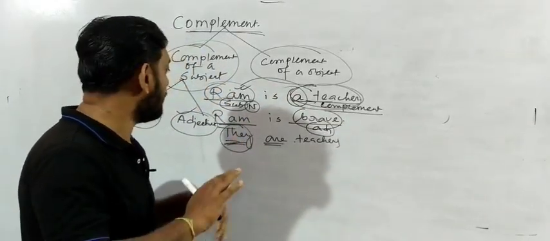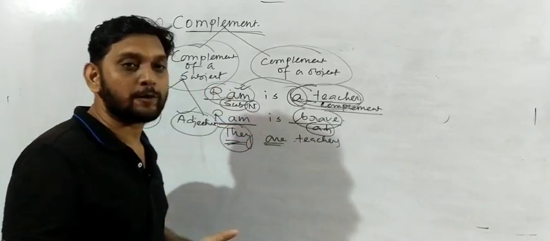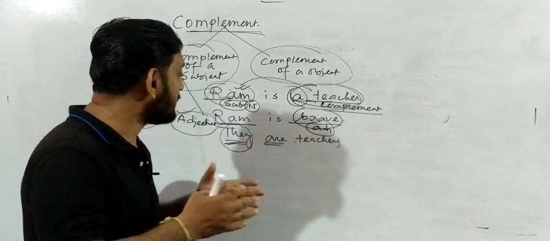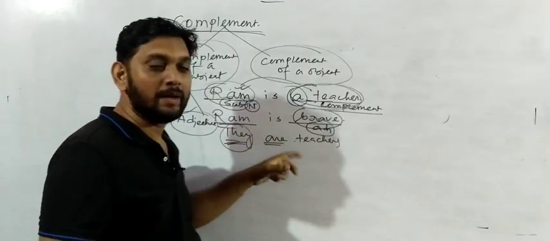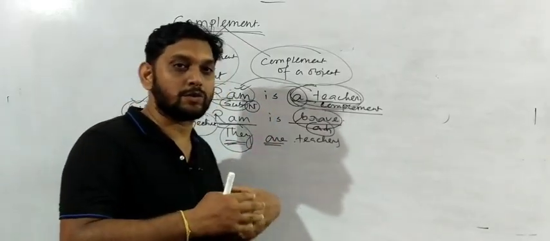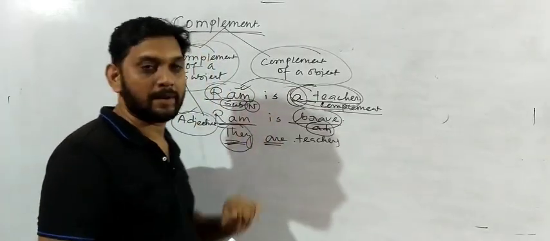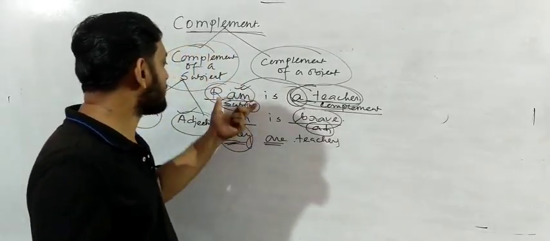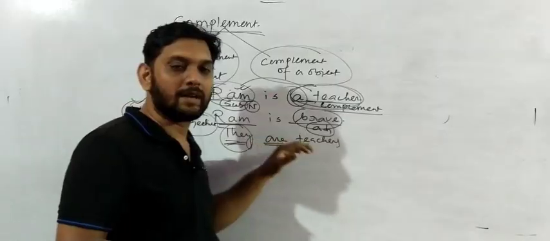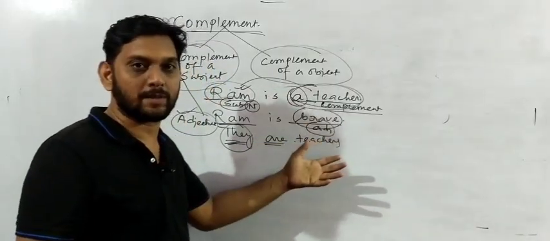No, my friend. The subject does not perform any action. That is the reason I am telling you it is a main verb, but it is also called a stative verb, because it simply states about the subject, who the subject is and how the subject is, what the state of the subject is.